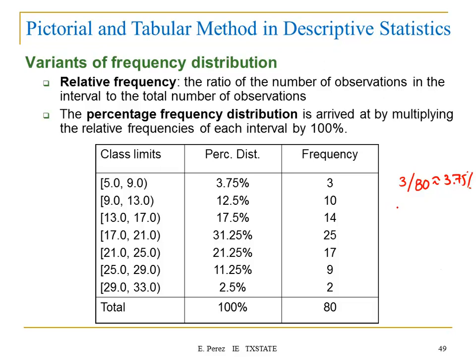If you have 10 units and 80 observations, this is 12.5%, which is this column right here. That's another type of representation we can use. It's basically the same number, but in percentage. The percentage frequency distribution is arrived at by multiplying the relative frequency of each interval by 100%.